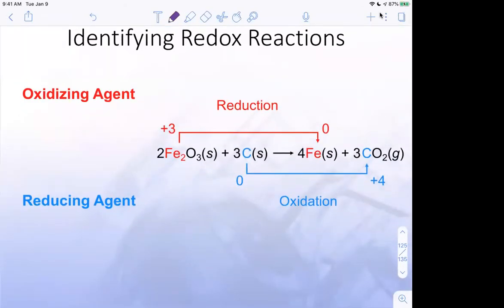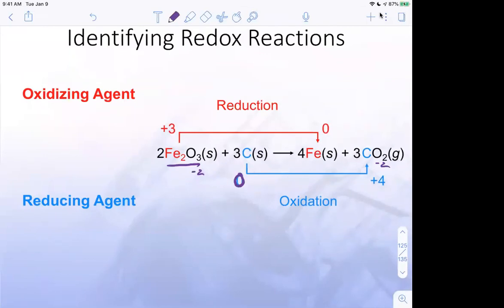Here's another example. I have an ionic compound where my iron is a +3. My oxygen is a -2. But notice my oxygen is a -2 before and after, so that actually doesn't participate in the transfer of electrons. Instead, I have carbon, which is in the elemental 0 state.